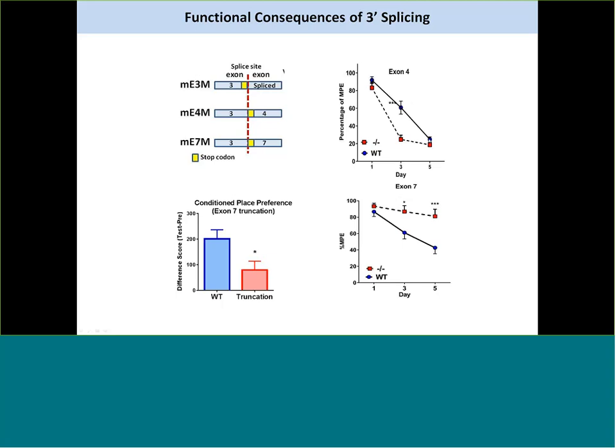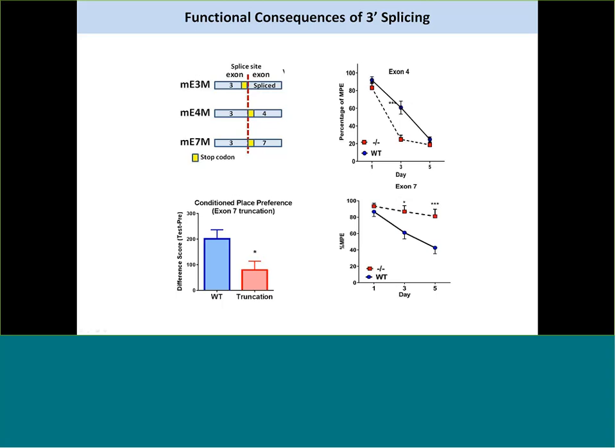The animal that has the truncation of exon 4 develops tolerance more rapidly. But when you take a look at the animal where you have truncation of exon 7, you see the exact opposite. The wild type, again, develops tolerance over 5 days. But the animals with the truncation of exon 7 do not have any real tolerance development over this short period of time.